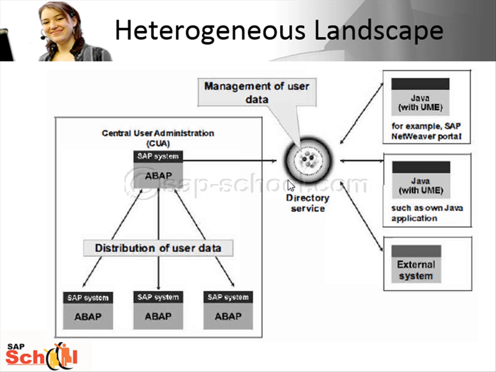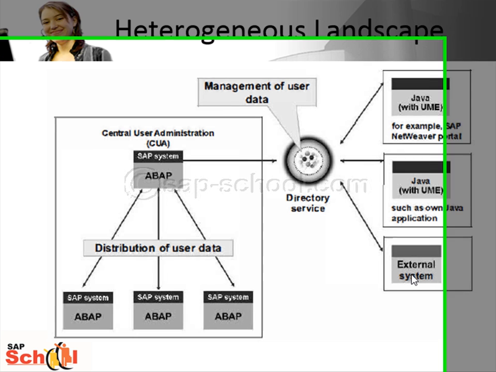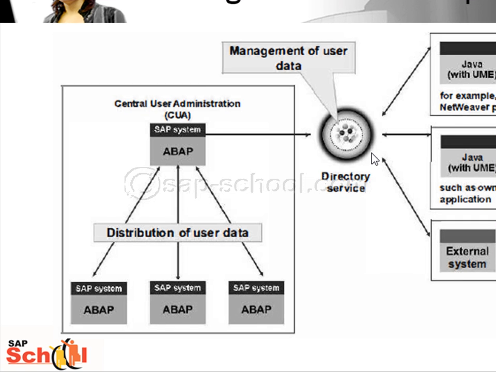This figure shows a typical system landscape with ABAP, Java, and non-SAP external systems. In this type of landscape with SAP and non-SAP systems, it is useful to use a directory service like LDAP, for example, as the primary storage location for user data.